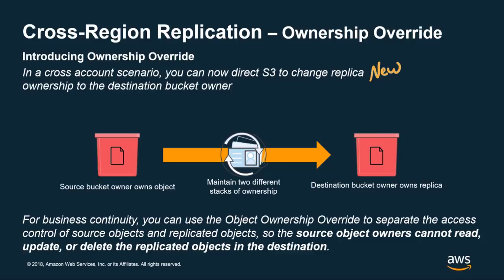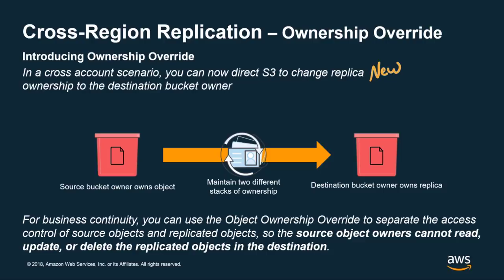So what CRR with ownership override does is you can use CRR, replicate the data to another region, and then select a different owner for the destination bucket and give them a completely different permissioning structure. So even if the rogue actor does something in that source bucket that impacts your objects in that bucket, they don't have access, if you've done your permissions correctly, to the data in that second region's bucket. And so now you're protected against any actions that they would do.